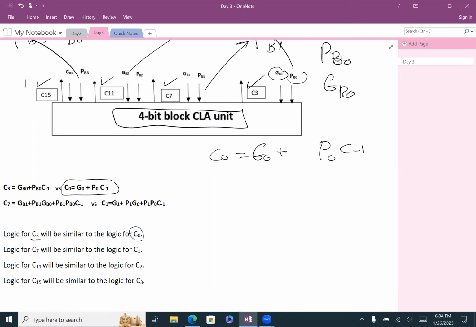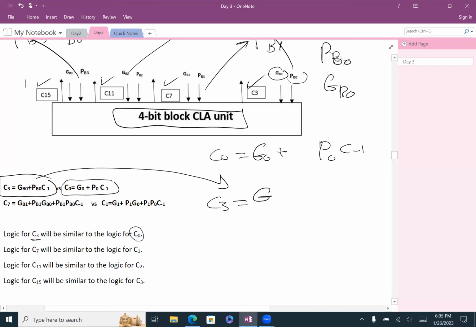Now let's compare that to the bigger one, the block PG units. So that's the equation, correct? So when you will have carry 3, you generate it at GB0, correct? When you generate the carry at the whole block, which is block 0 for now, all right? Because I'm trying to find only C3, which is the first block, not the second, not the third, not the fourth.